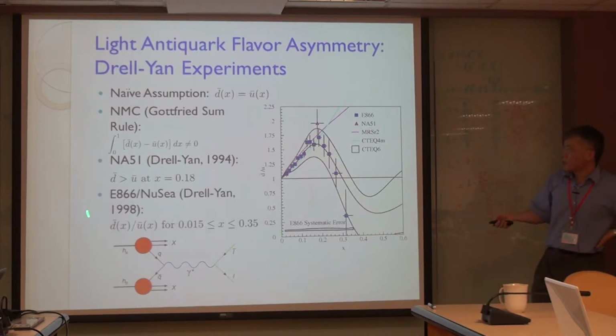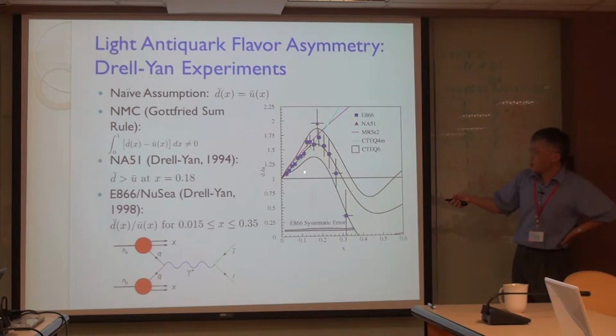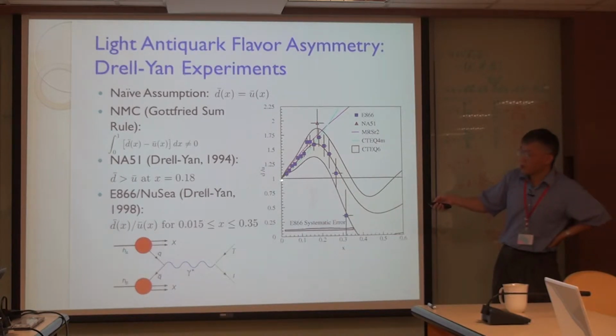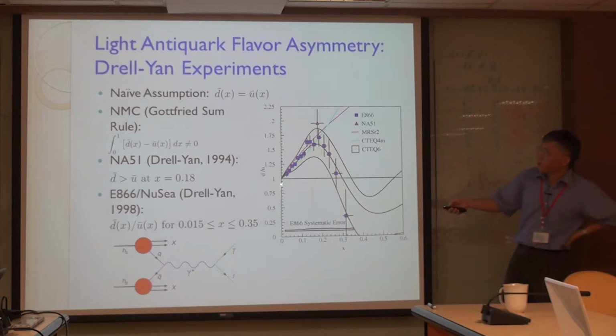And furthermore, the E866 experiment performed at Fermilab gives a more detailed mapping of this structure. As you can see, at very small x, D bar and U bar are almost symmetric. But when it moves to a slightly larger x region, their ratio deviates from 1.